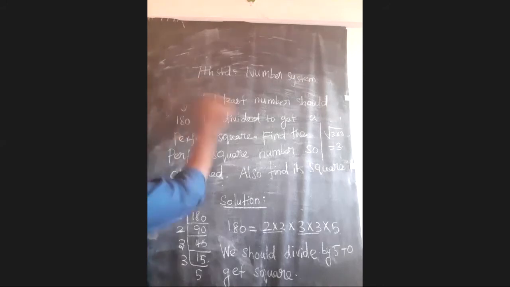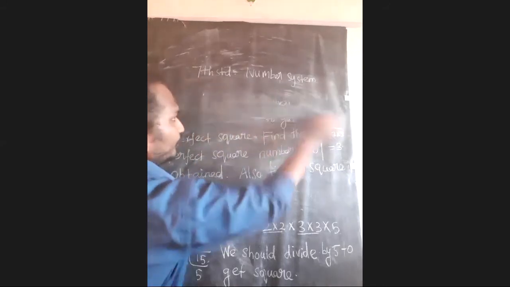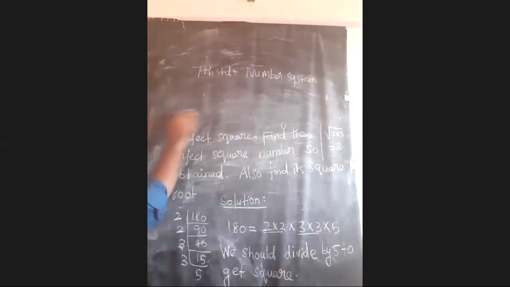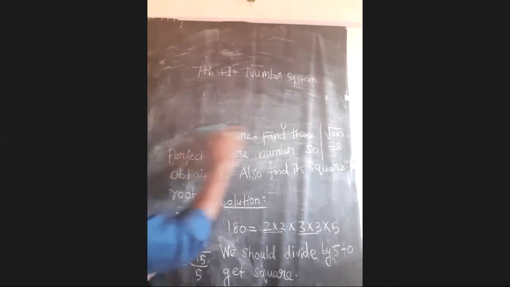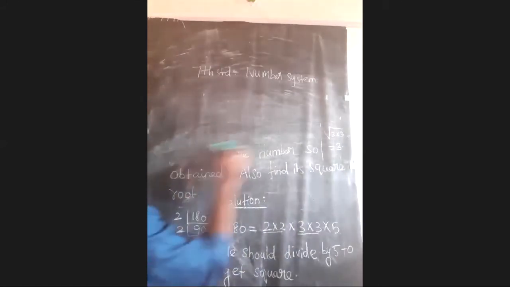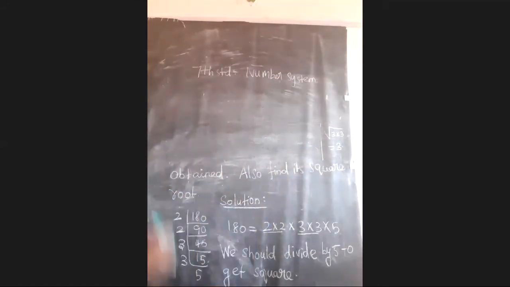So let me rub this part. So next question, they ask, what is the perfect square so obtained?